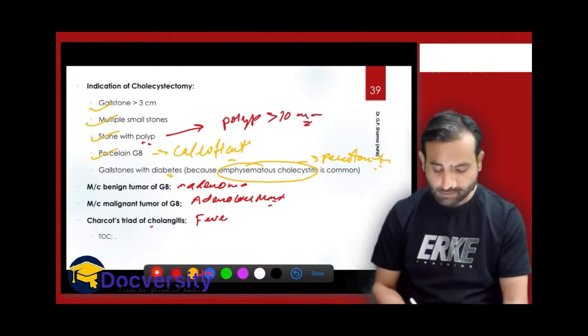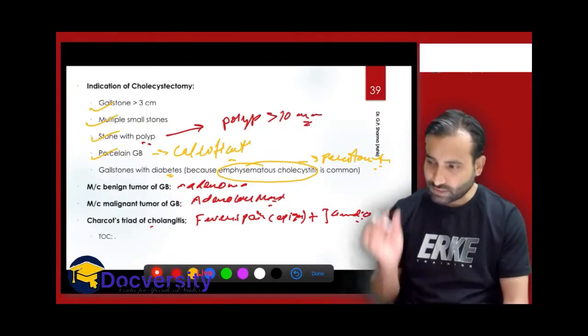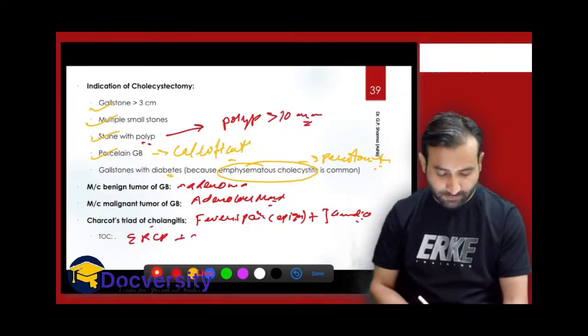And what is the Charcot triad of cholangitis? That is fever plus pain, maybe epigastric pain, and plus the patient has jaundice. That is the Charcot triad. And treatment of choice is ERCP plus sphincterotomy.